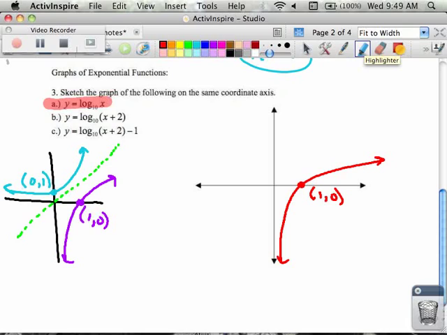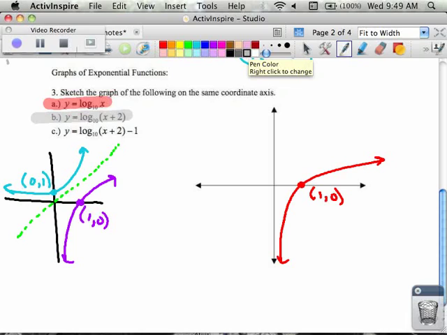Let's now look at what happens if I do the second one. X plus 2. What happened to that graph? It moves to the left. It moves left 2.